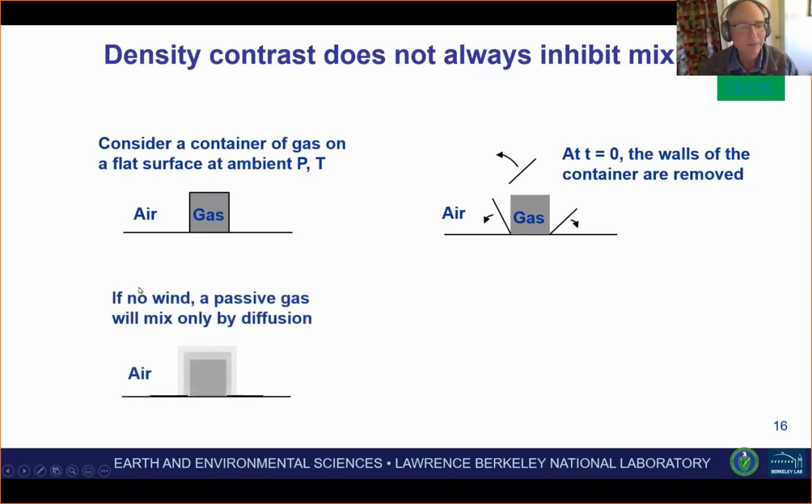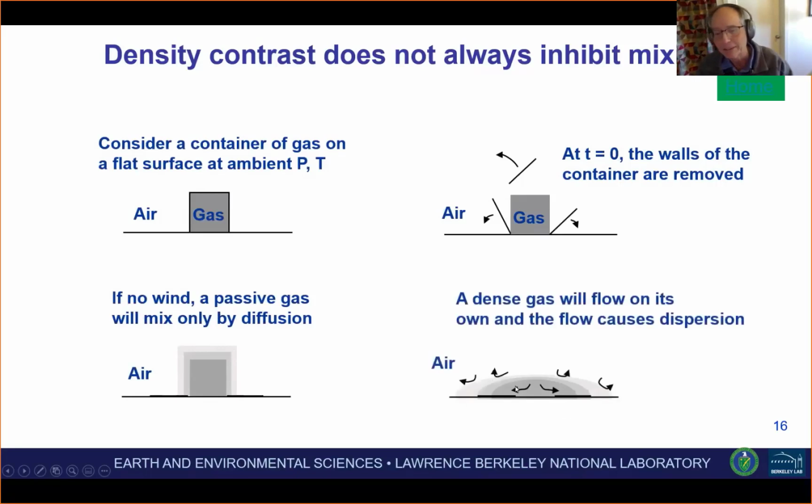Well, if I don't have any wind, a purely passive gas, like another air with maybe some different isotopic composition, will really, in theory, mix only by diffusion. Okay, there's no advection, there's no convection, there's no turbulence.